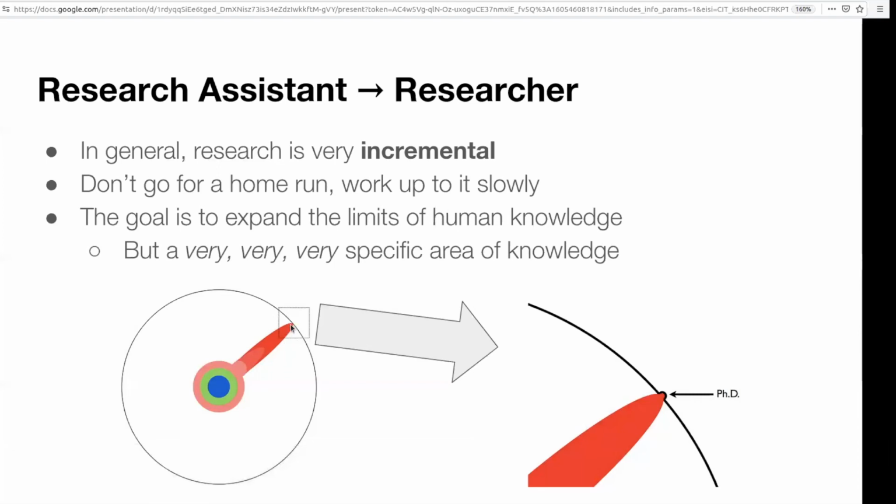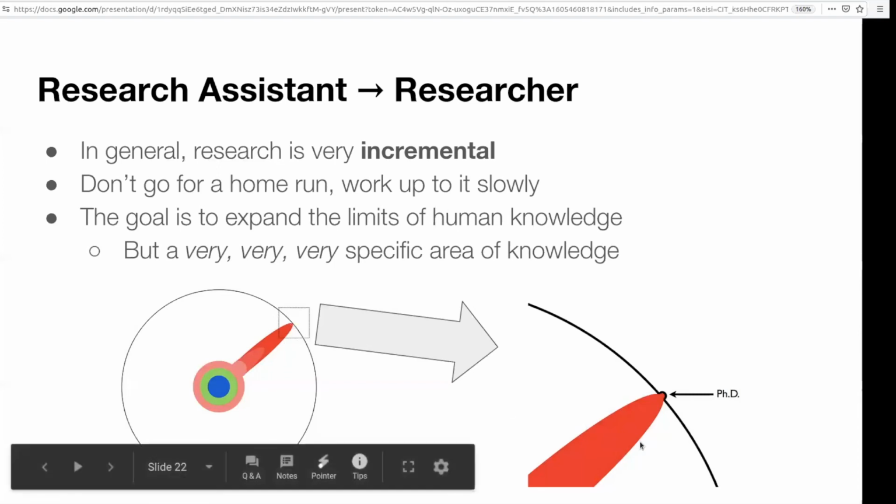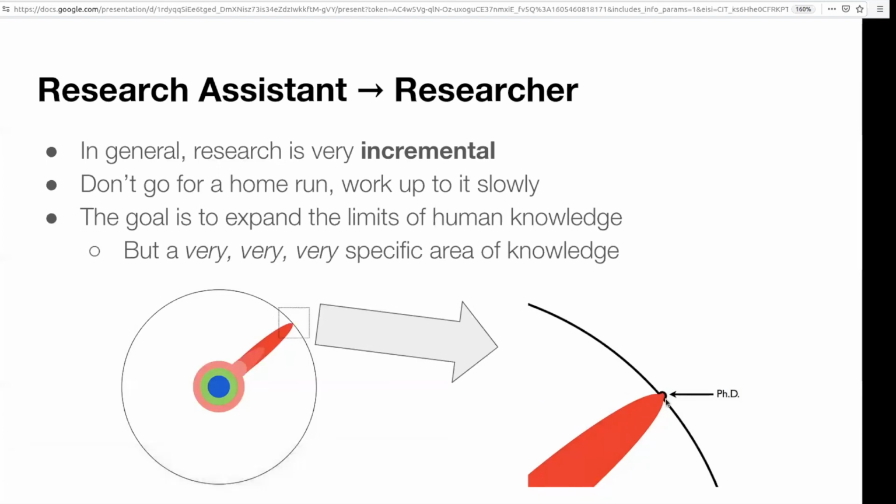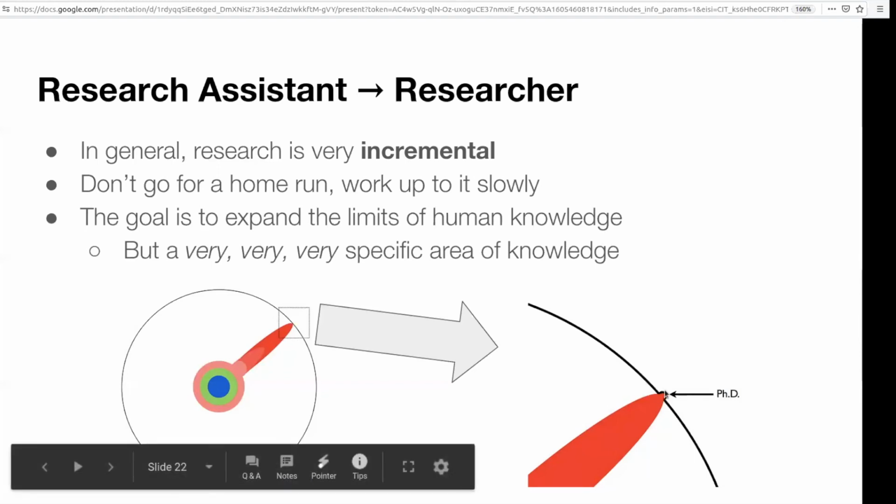And so where does the research come into play? If you look at this diagram right here, this little bump is you penetrating the whole circle of human knowledge. And it's making the human knowledge just a little bit, increasing it just a little bit. It's in that very, very specific area. But you can see you're bringing out a novel idea in this one field.